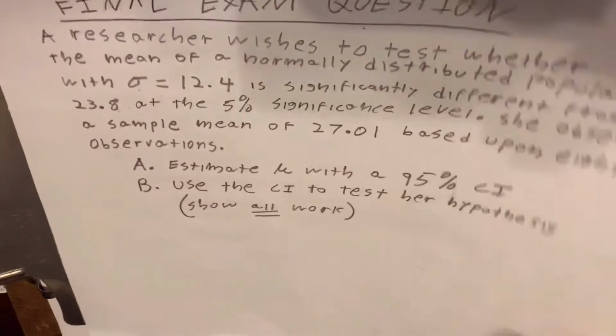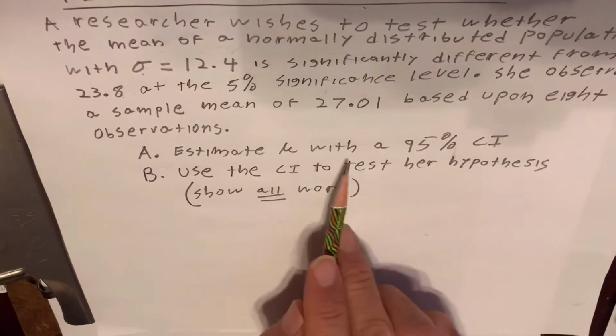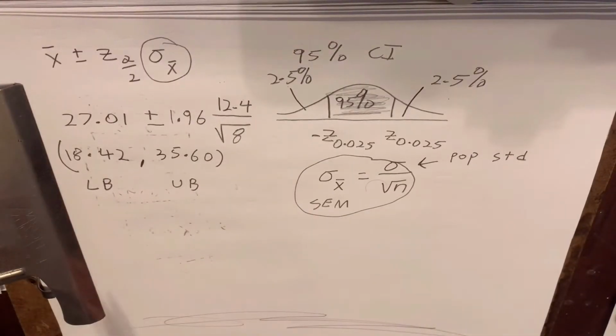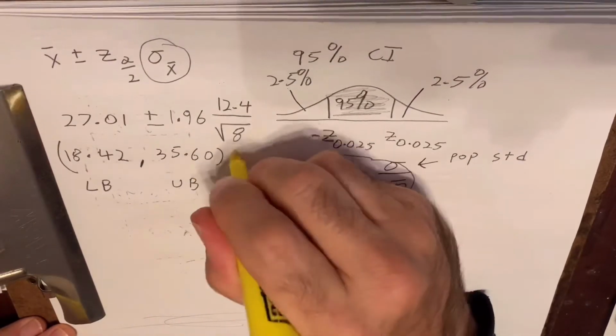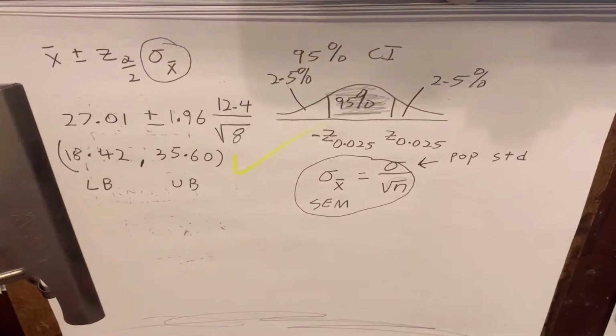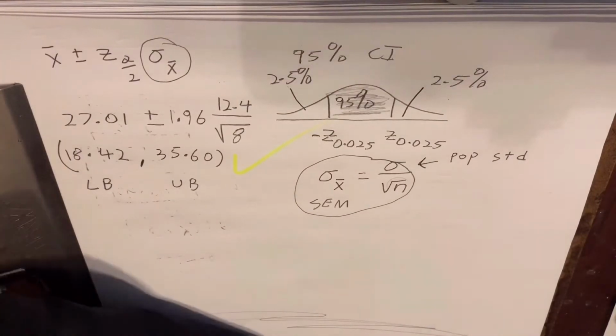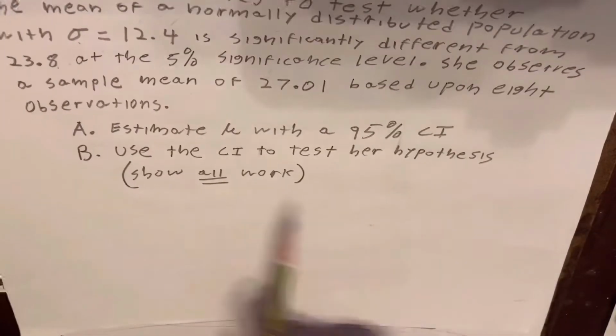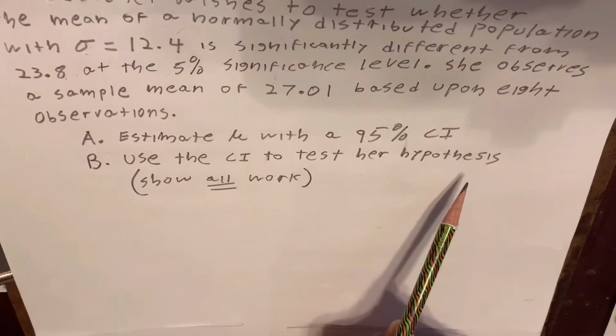Part A says estimate the population mean with a 95% confidence interval. So we just did this. This is the answer to part A, so I'll put a little check mark here. And now we have to do part B. Part B says, use the confidence interval to test her hypothesis.